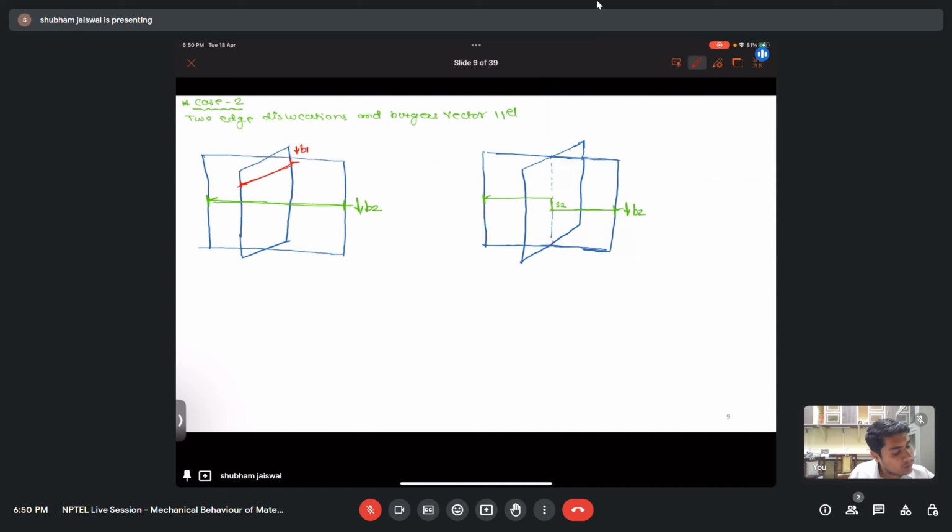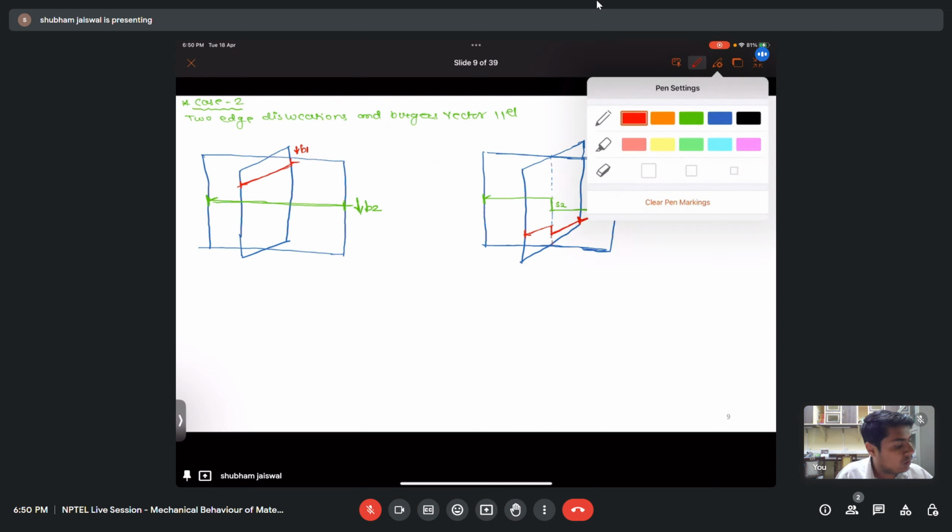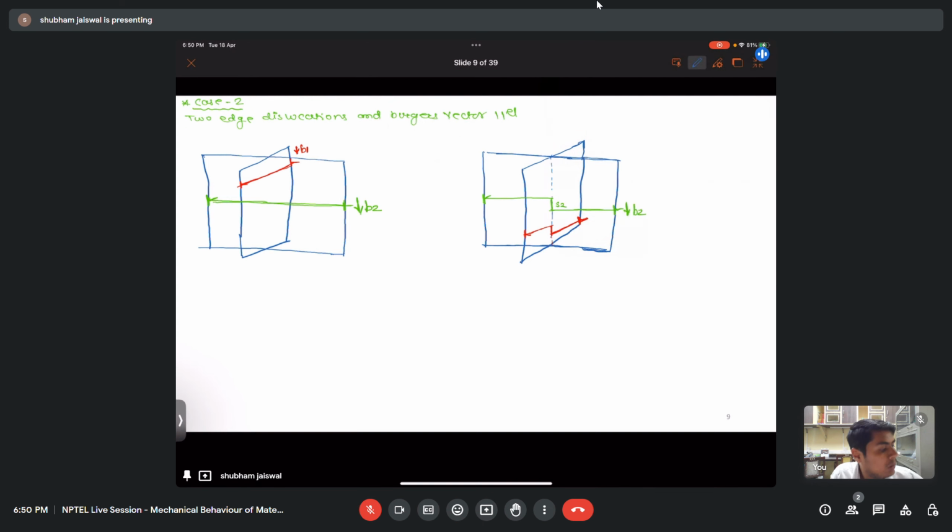And these steps will be in the same plane. So these two steps are in the same plane. Okay, so it is not changing the plane.